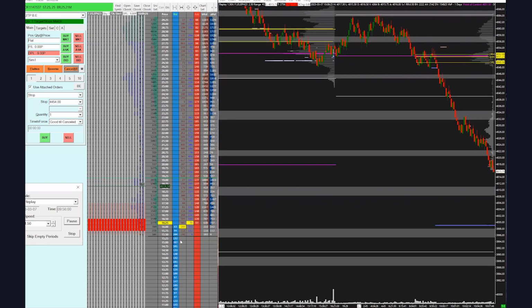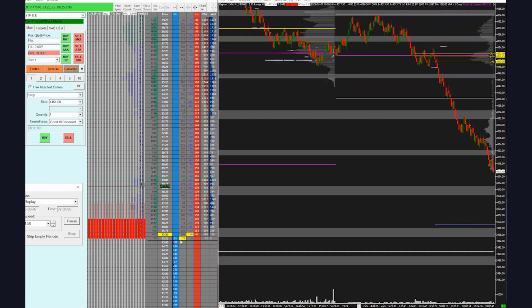Sixteens trading, continuous sell. I'm looking at these columns, right? You just have continuous sell going in at market sell here. Larger orders are pressing down.